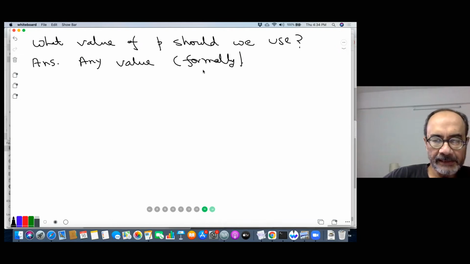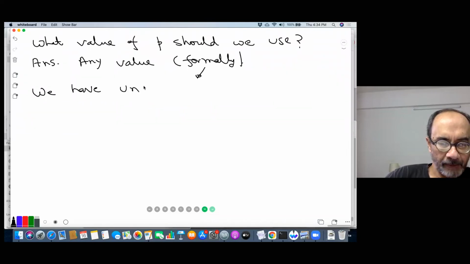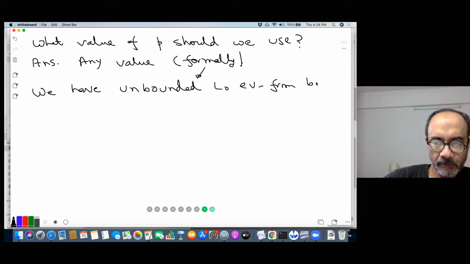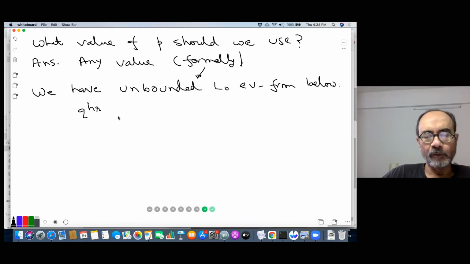Now, the reason that this is formal is because, if you remember, we have an unbounded spectrum from below. So this Q to the HR, Q bar doesn't matter. In heterotic string theory, Q bar makes no difference because the picture number problem appears in the holomorphic sector.